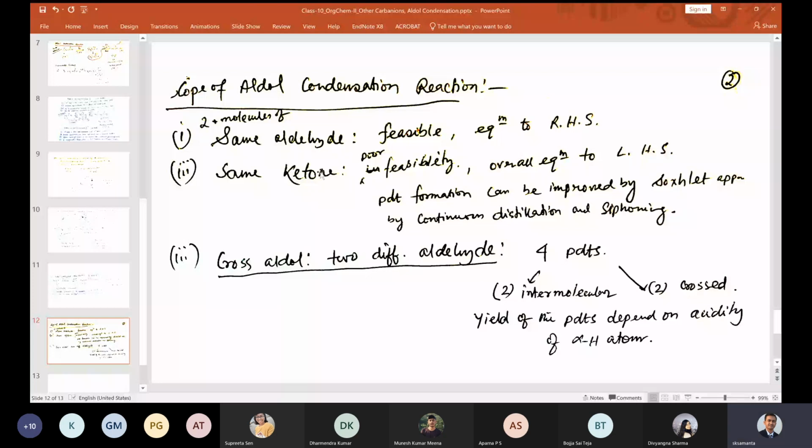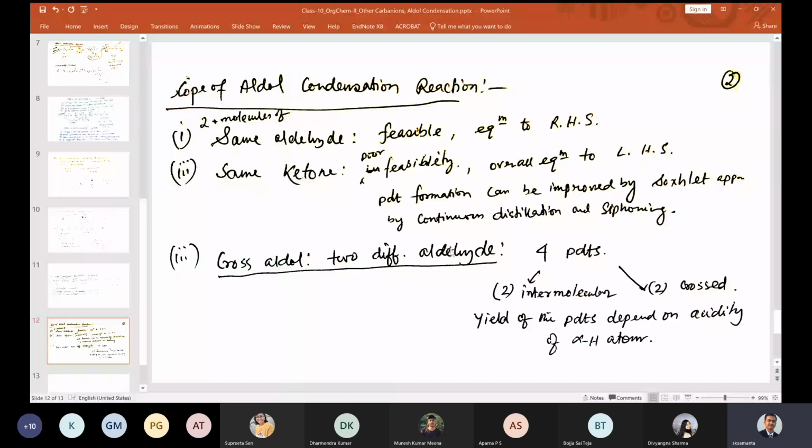The third possibility is cross-aldol condensation, where you have, let's say, two different aldehydes. You take two different aldehydes and do the reaction. Then what will you get? You will get four different products. How? The two products are coming from intermolecular reaction.